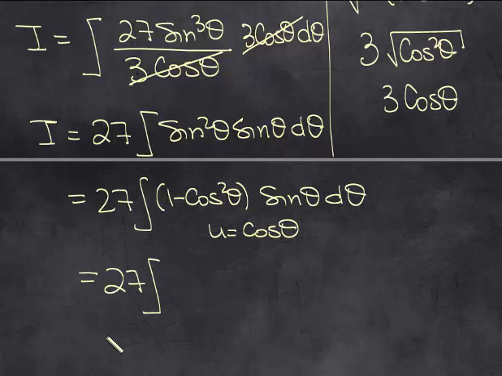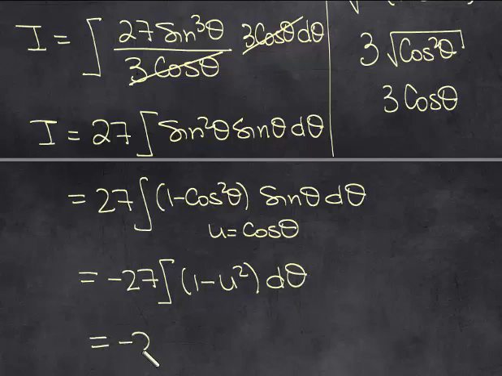You guys all keeping up? When I do a u substitution for cosine, what do I get? Negative sign, that'll drop that sign on the top.